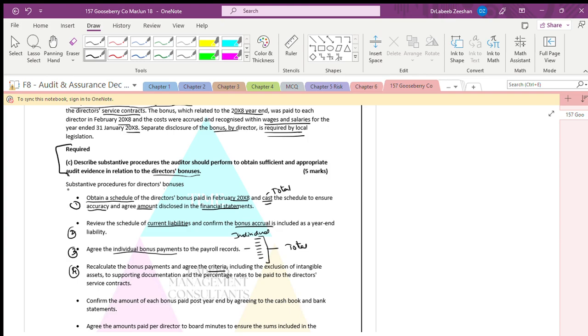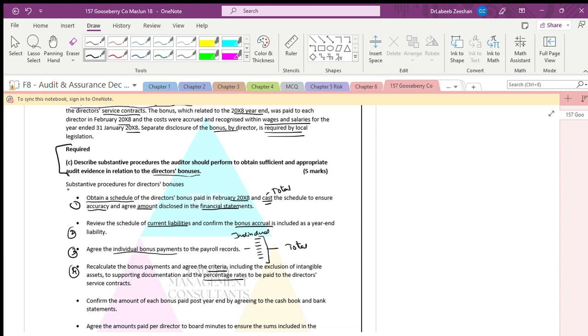Whatever the criteria is, based on that we do the recalculation, including the exclusion of intangible assets. The condition says they have to exclude the intangible assets, and we check the supporting documents.